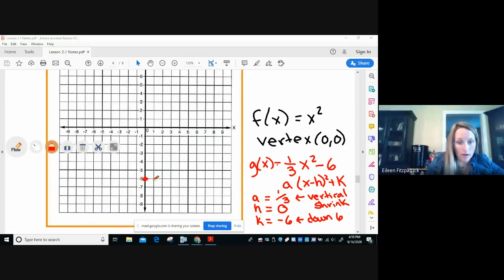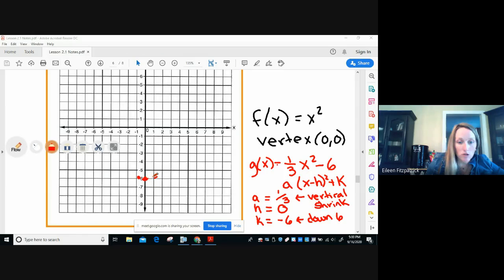So I'm going to go out 1, and instead of going up a whole unit, I'm going to go up 1/3 of the unit. So about here, 1/3 of the way. Of course, my points aren't going to be exactly located where they should because this little tablet that I'm using isn't very precise, but it's out 1 and then up 1/3.